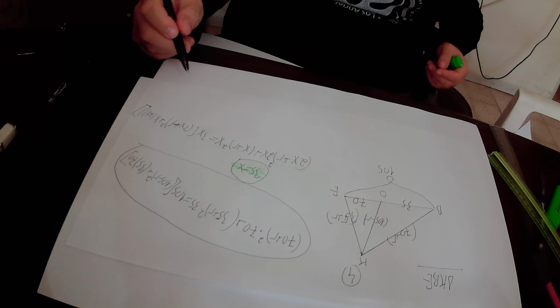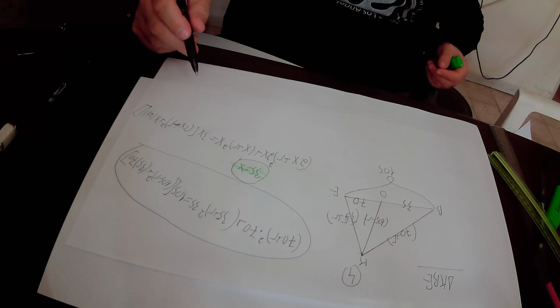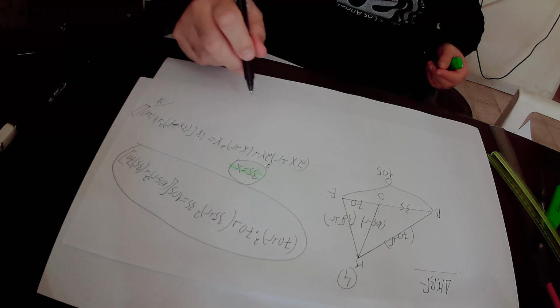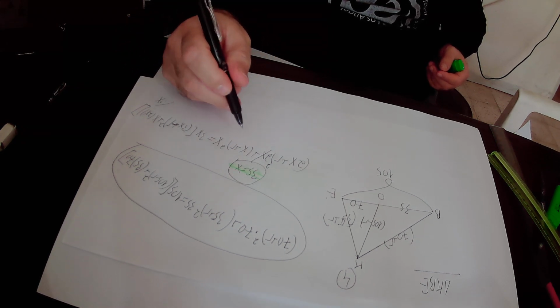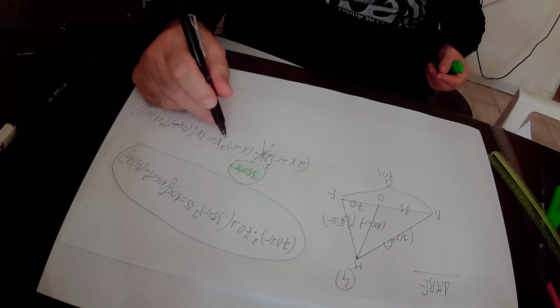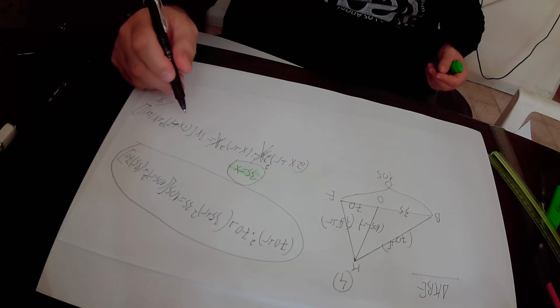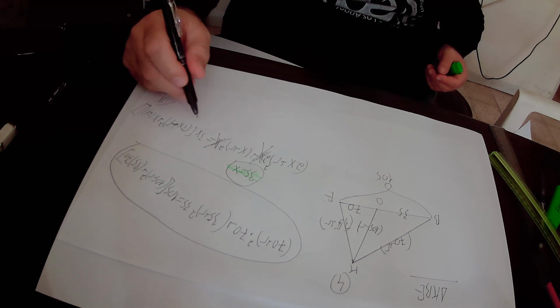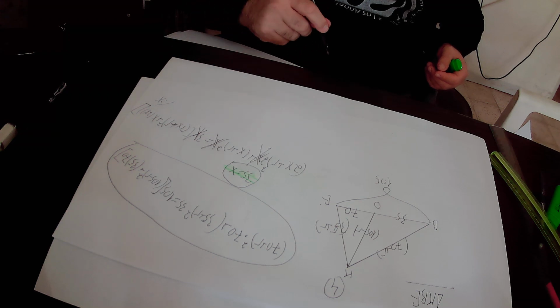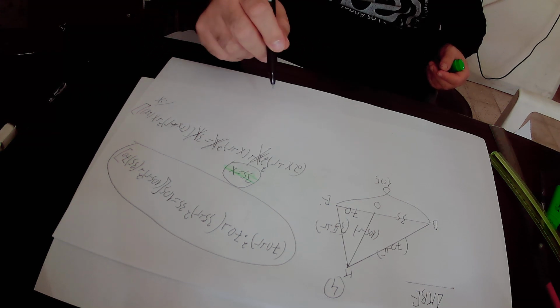Here we will divide this equation by x. So here x will get cancelled. Here x will get cancelled. And also x will get cancelled. So what is left of this equation after we cancelled x?